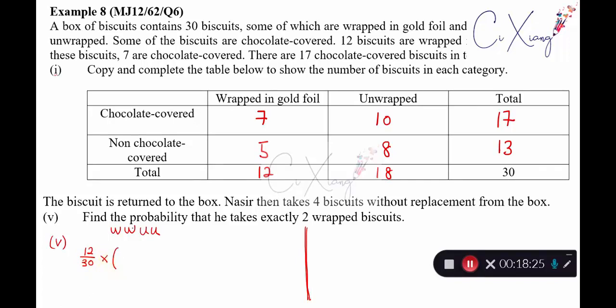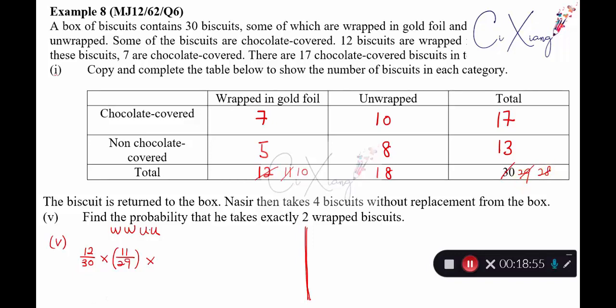After you take out 1 biscuit from the box already, the grand total becomes 29, and this one becomes 11. Then for the second biscuit, if I also get a wrapped biscuit, the probability will become 11 over 29. Now the number of wrapped biscuits becomes 10 and the grand total becomes 28.